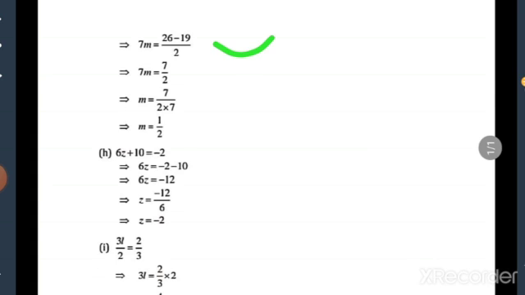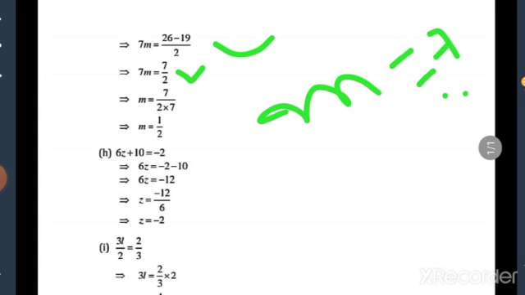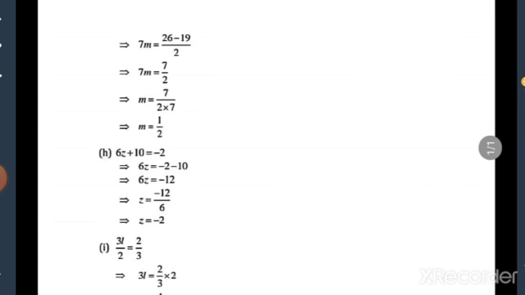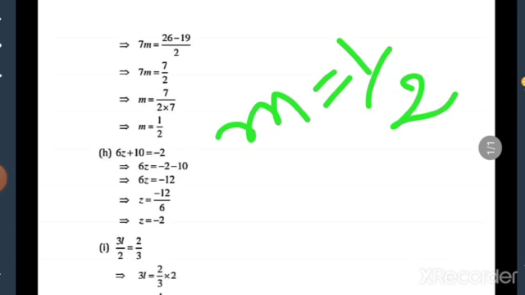So 26 minus 19 is 7, 7 by 2. So we can get m is equal to 7 upon 2 multiplied by 1 upon 7. So 7 and 7 cancel. Then m is equal to 1 by 2.